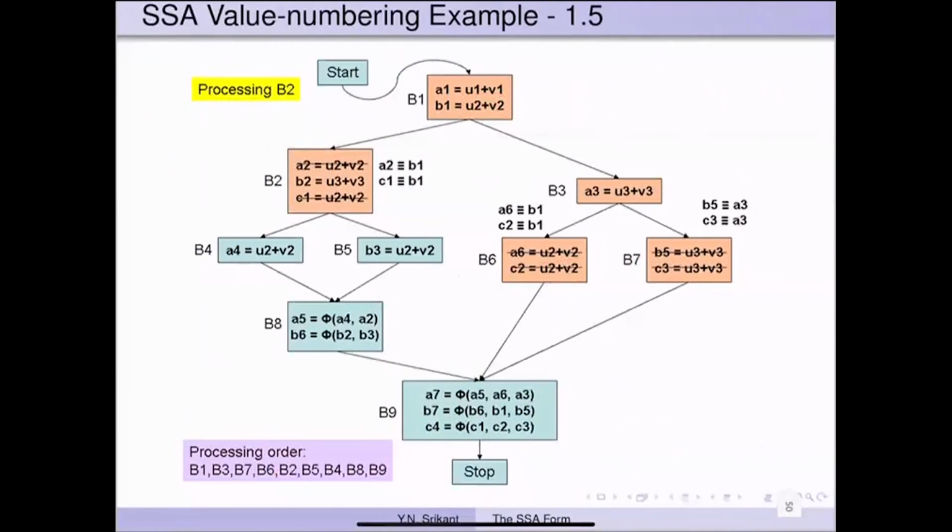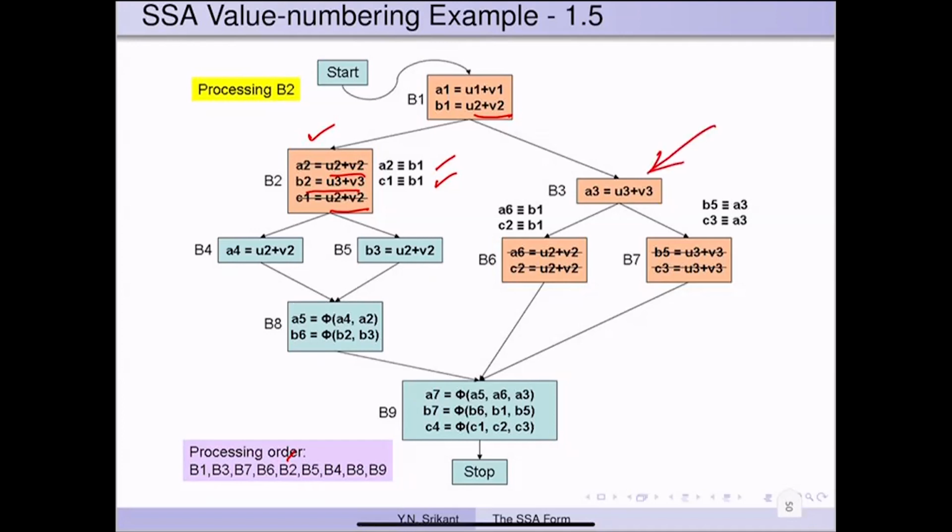Then we must visit B2, according to this order. So we have U2 plus V2, which is this. So this is done. And we have U2 plus V2 here also. That is also B1. We have B2 equal to U3 plus V3, but please observe that this is not necessarily the same as this.